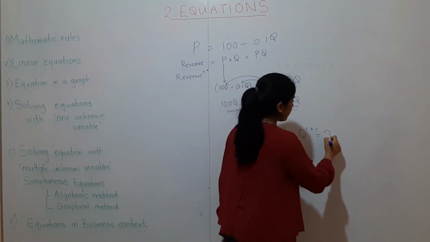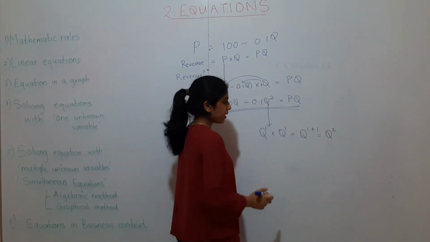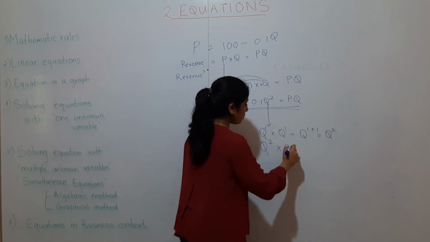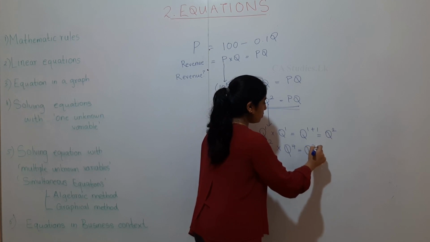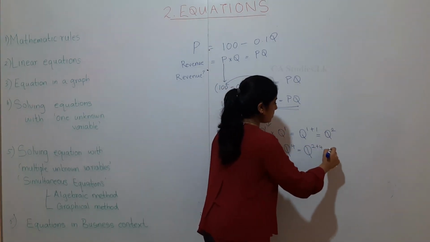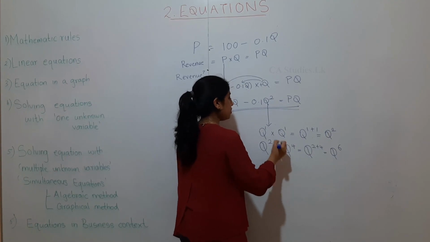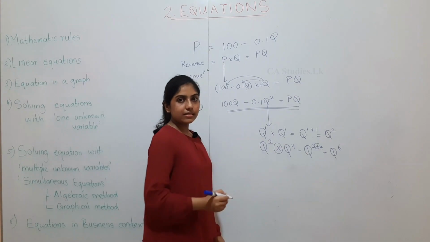That's why I wrote Q squared, Q to the power 2. If they give Q to the power 2 into Q to the power 4, then your answer will be Q to the power 2 plus 4, which is Q to the power 6. In a multiplication, you must add the indices. That's the rule.